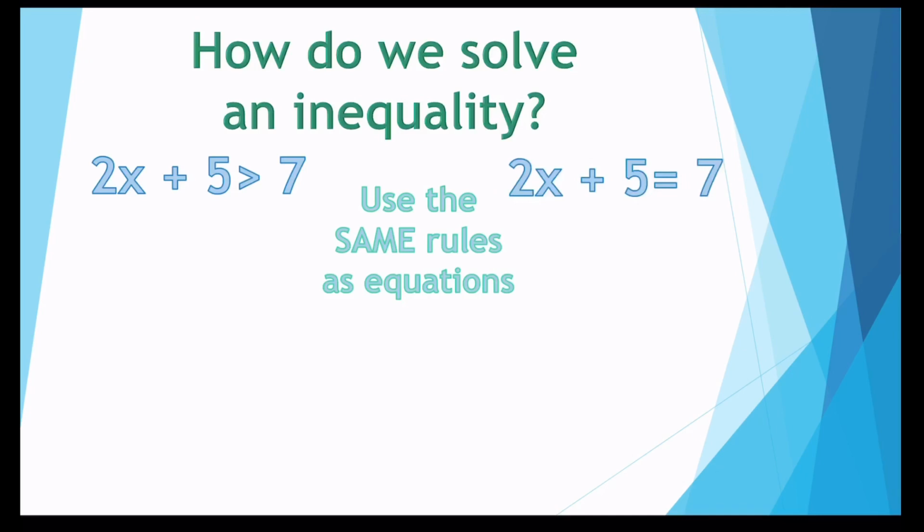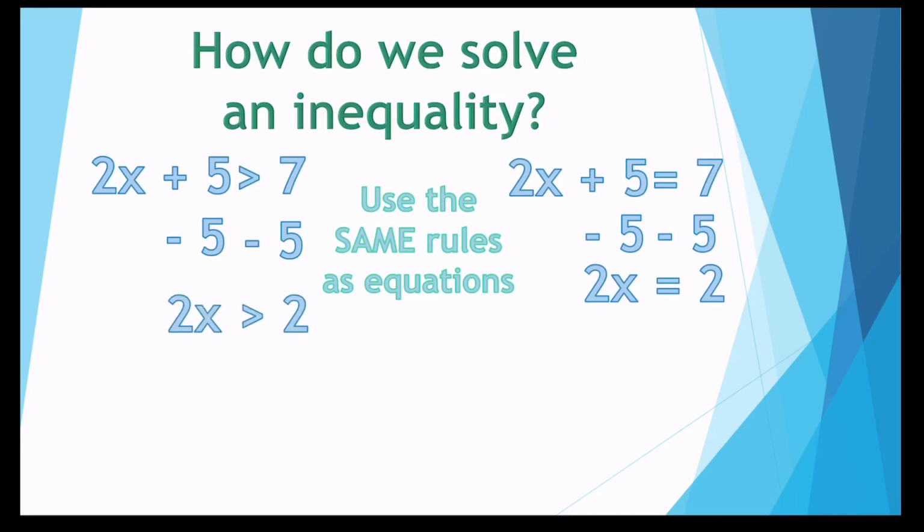If I were to solve the equation on the right, I'd subtract 5 from both sides. Well, I do the same thing with my inequality. Nothing changes. On my right equation, I get 2x equals 2. With my inequality, it's just 2x is greater than 2. It's still the same process.